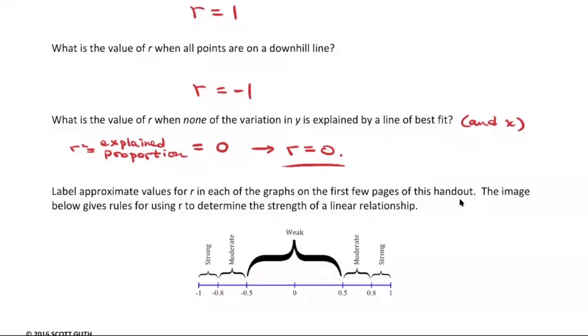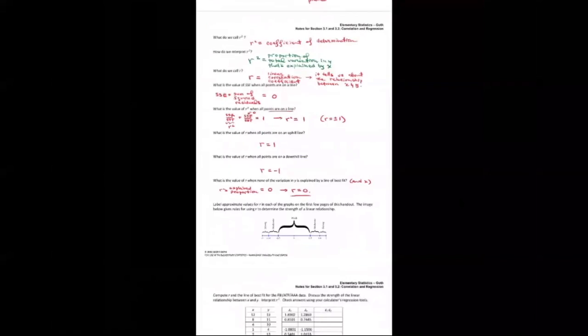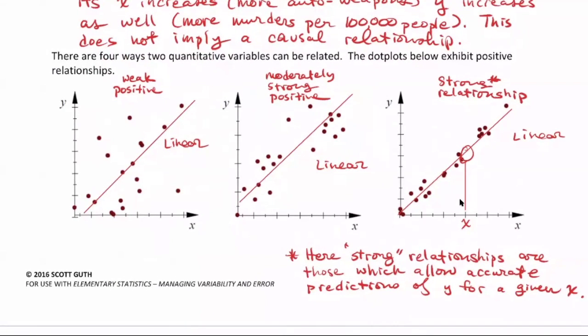Now remember, and this goes way back to the beginning, so I'm going to slide back a bit. We said when the points are on a line, then R is 1. If the points are close to a line, then R is approximately 1.